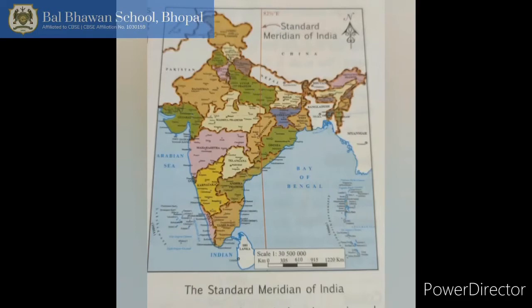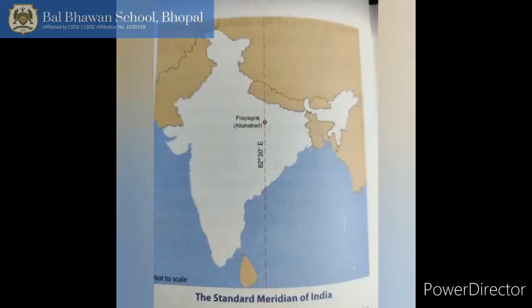In India, the longitude of Prayagraj, earlier known as Allahabad, which is at 82.5 degree east, is taken for calculating the standard time. This is known as the Indian Standard Time, IST. The Indian Standard Time is 5.5 hours ahead of the Greenwich Mean Time. I hope it is very much clear to all of you.